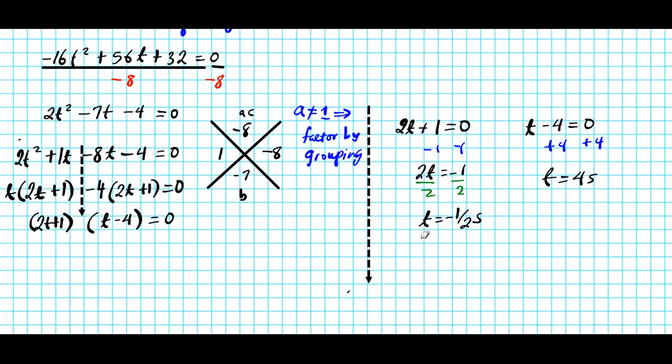Now this answer makes no sense because time doesn't travel backwards. Okay, time cannot be negative, so eliminate this result, since time has to be greater than or equal to 0. Alright, so the answer that we're looking for is 4 seconds.